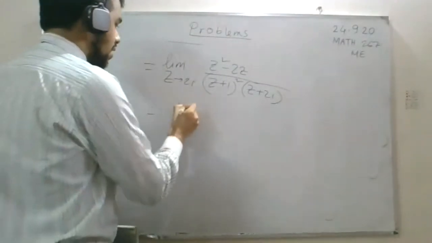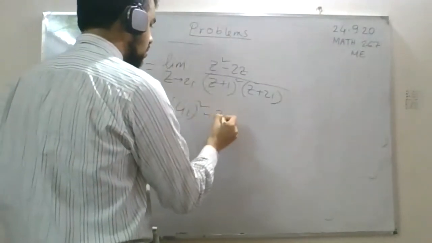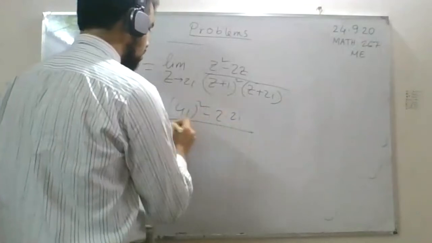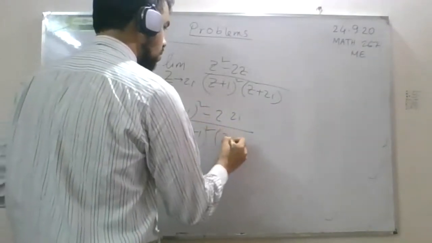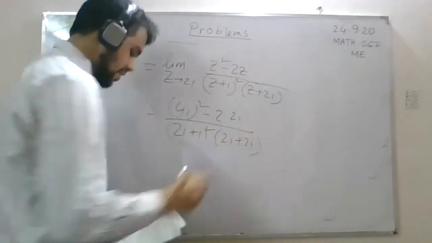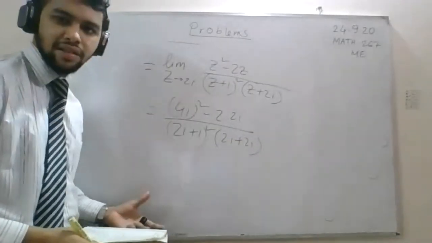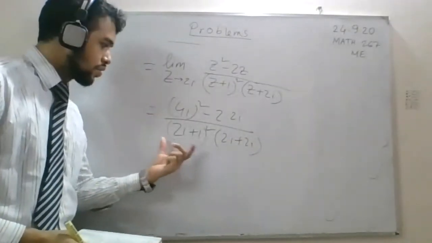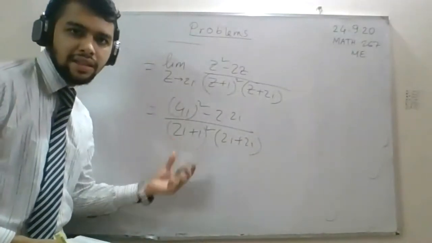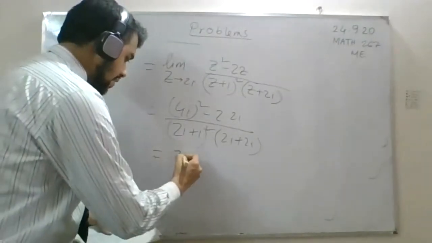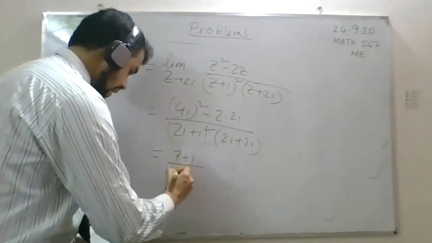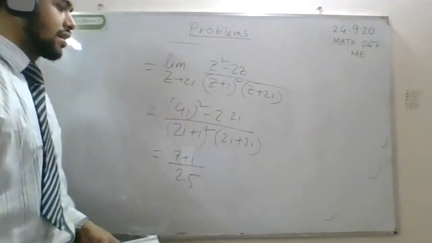Then you get 2i whole square minus 2 into 2i, over 2i plus 1 whole square and 2i plus 2i. After that, simplify this equation. You multiply and square, and you will see the required result, which is 7 plus i divided by 25.